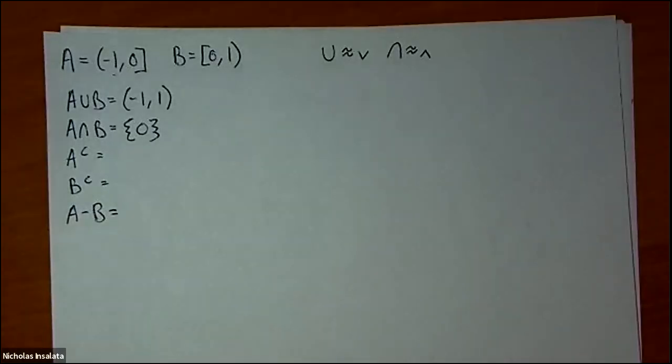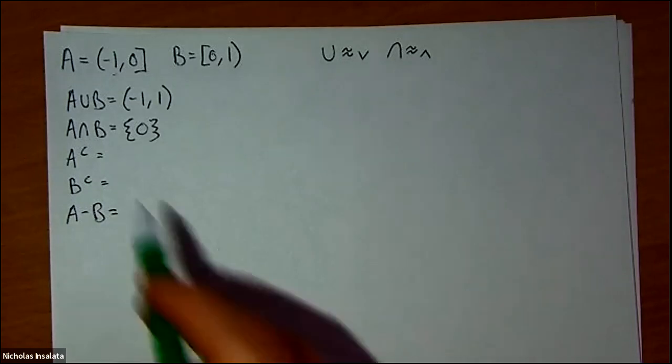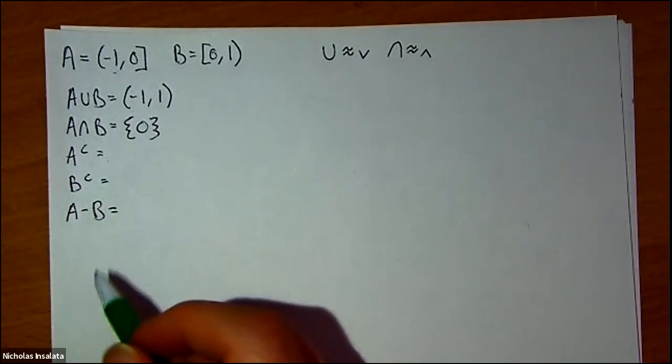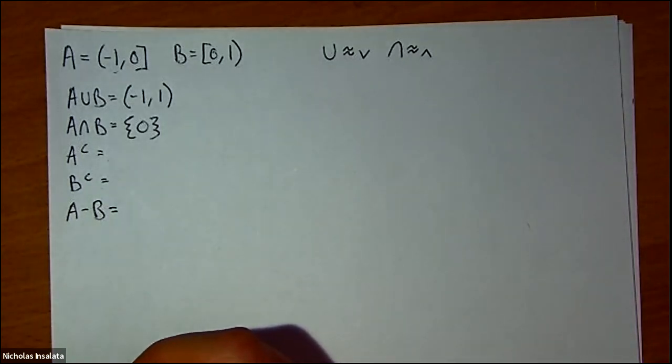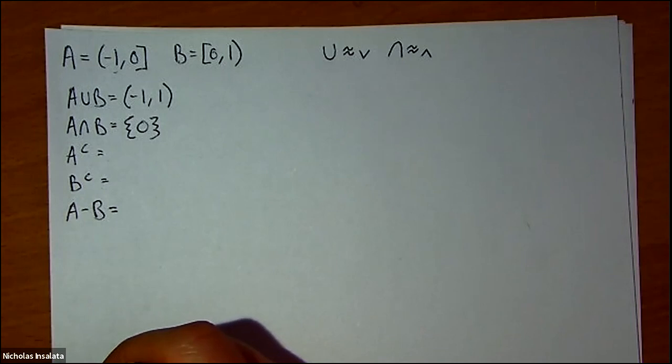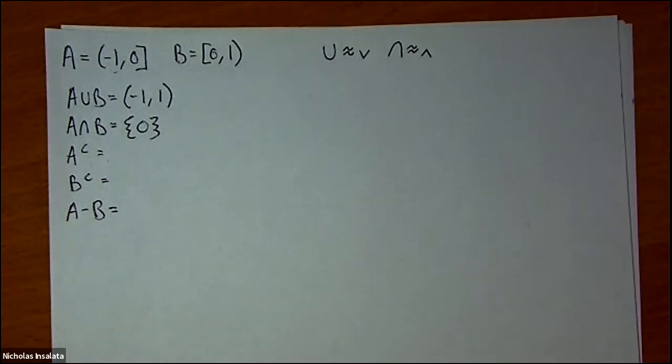All right. Excellent. Okay, so what about A complement? How's that going to go? We're going to need a union in there, right? Because there's going to be two different parts of the complement to A. Yeah, very good.